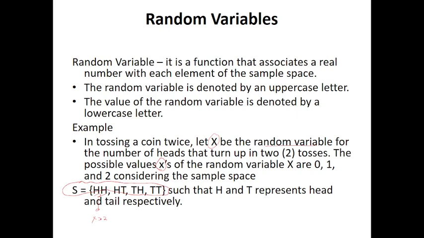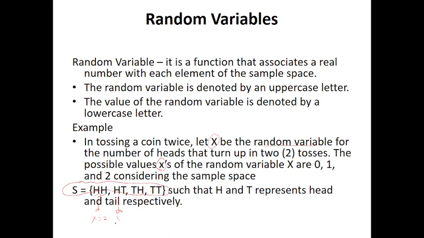Now, take note of the lowercase letter x, if we consider the value of the random variable. In the second outcome, head and tail. In the first toss, head. In the second toss, tail. We have one head that turns up.